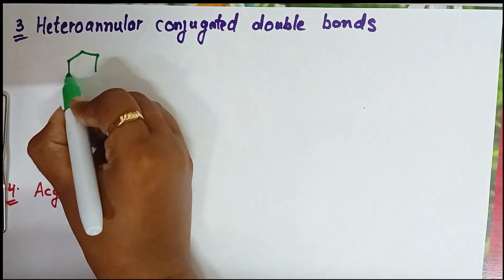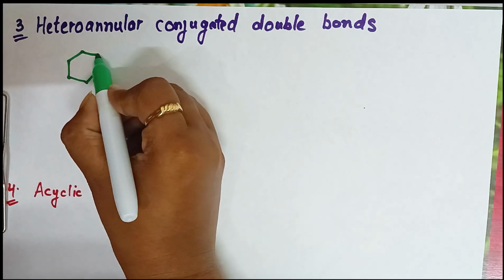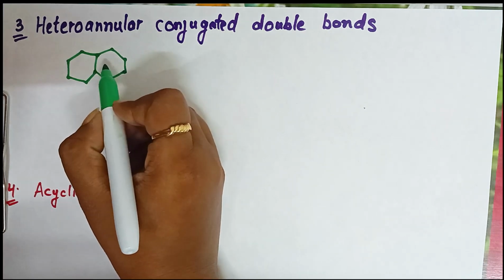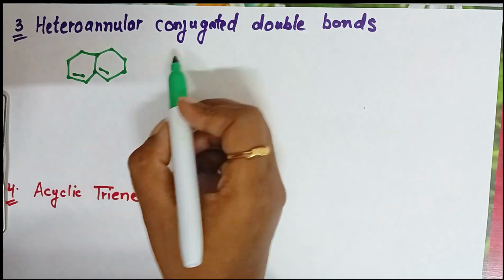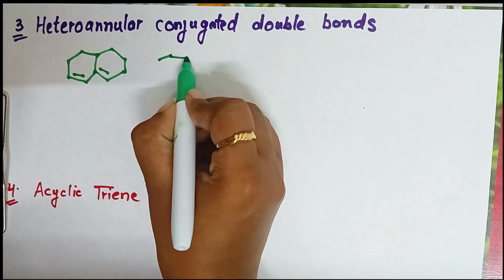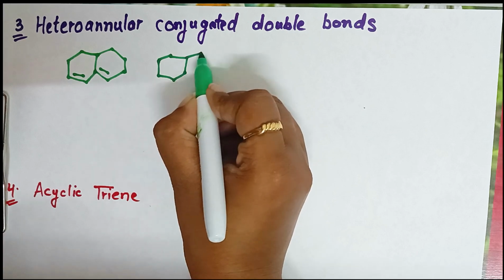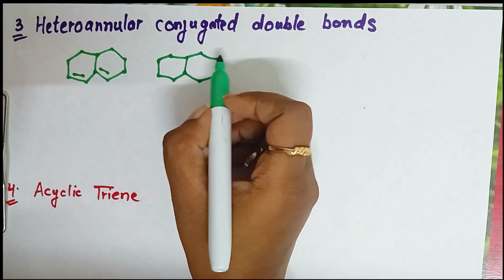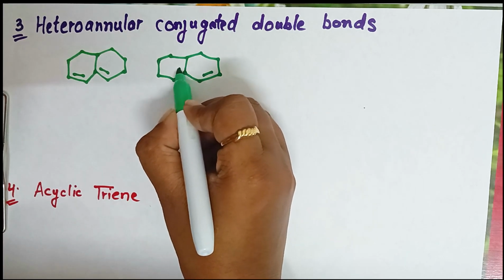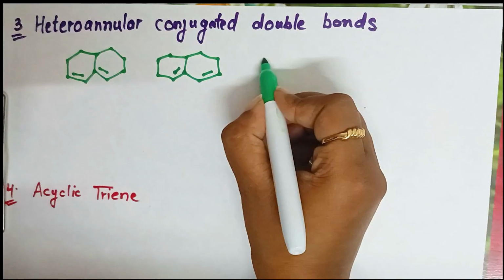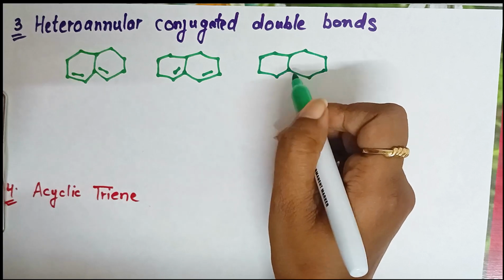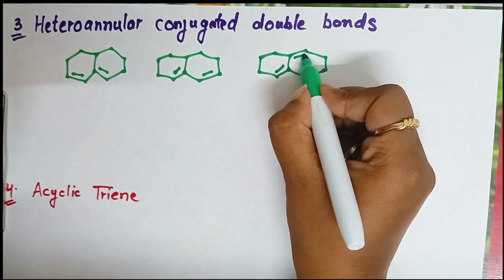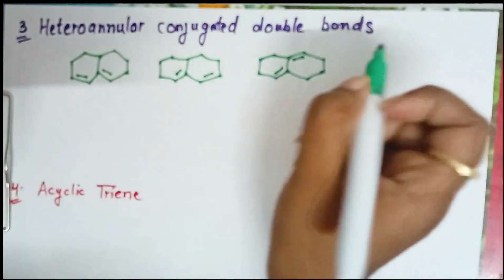For example, if we have a compound like this, or like this, or like this.